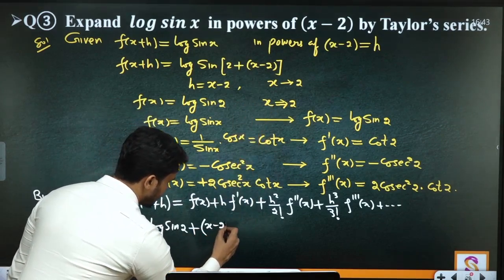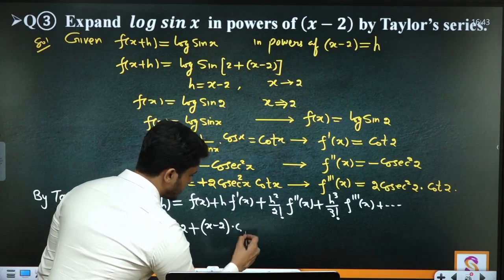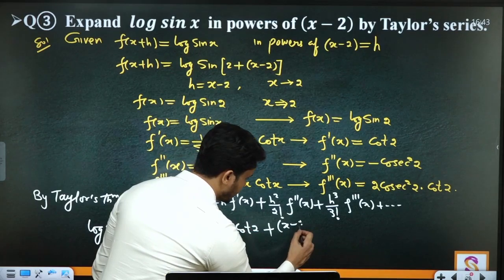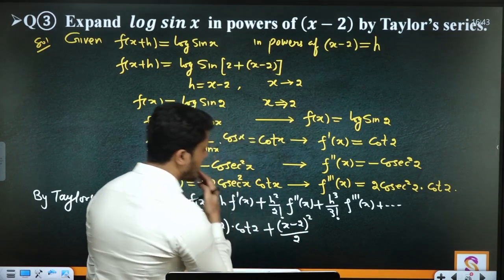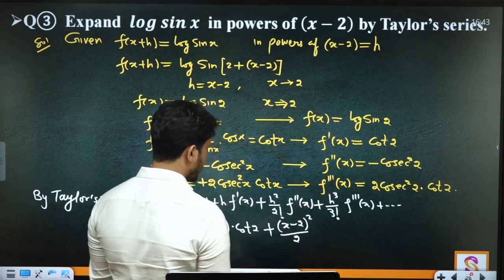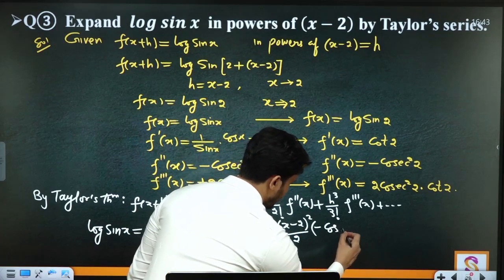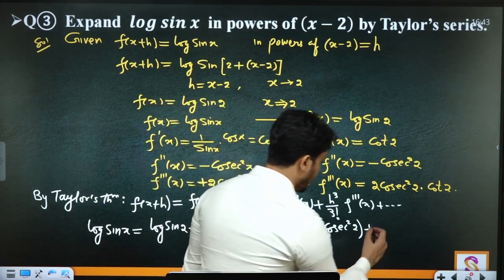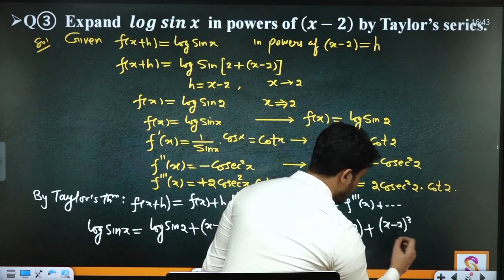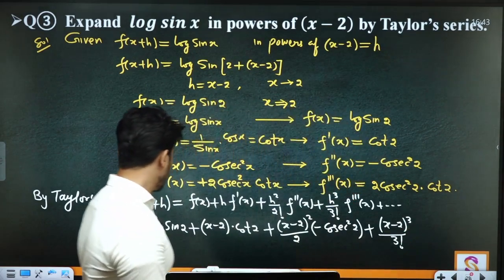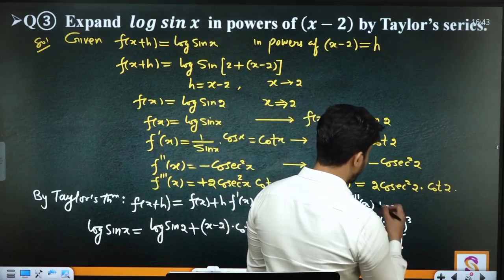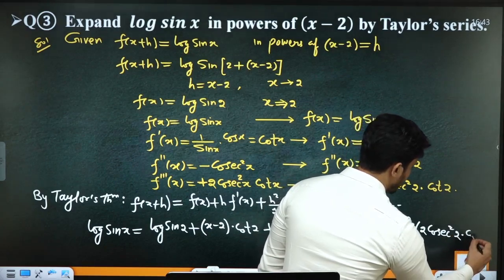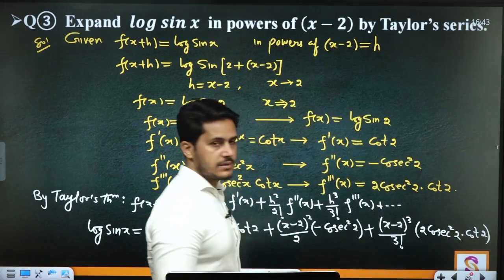So x minus 2 into f dash, cot 2, plus h square upon 2, that is x minus 2 whole square upon 2 into f double dash, minus cosec square 2, and then h cube upon 3 factorial, that is x minus 2 whole cube upon 3 factorial, f triple dash, this one, 2 cosec square 2 into cot 2, right?